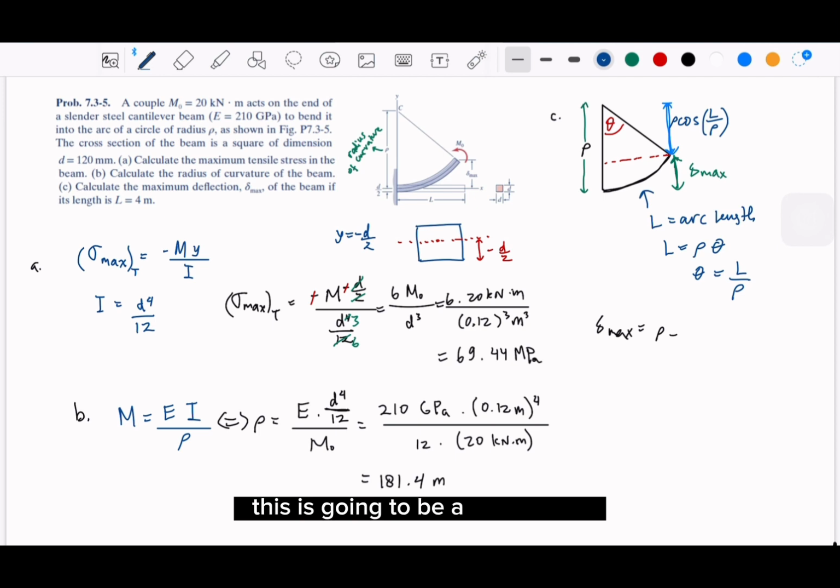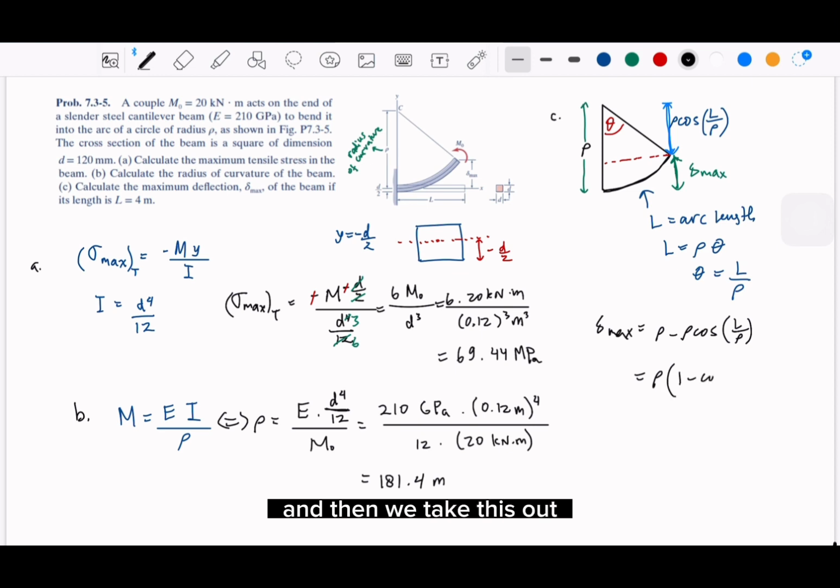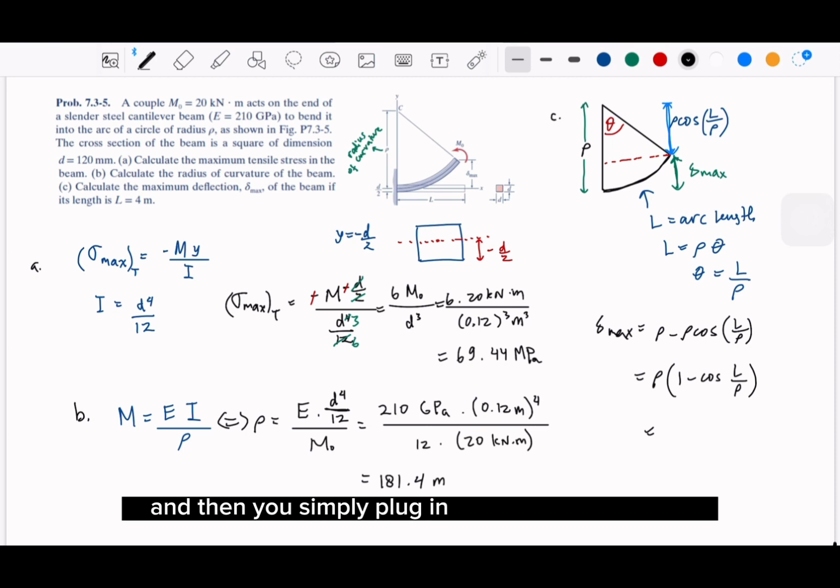So rho minus rho cosine L over rho. And then you simply plug in all the information we are given.